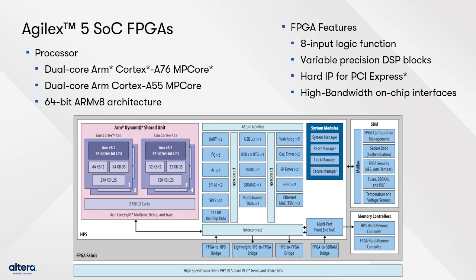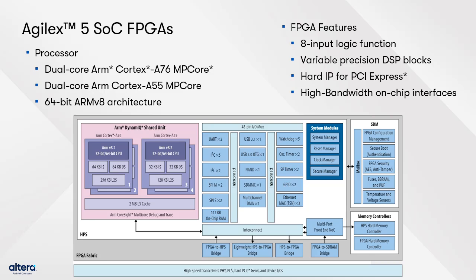This is a more detailed block diagram of the Agilex 5 SoC FPGA device. The hard processor system, HPS, contains the dual-core ARM Cortex-A76 and a dual-core ARM Cortex-A55 with the ARM Dynamic Shared Unit, DSU. The L2 memory interface of each core is internally connected to the DSU L3 memory system via CPU bridges.